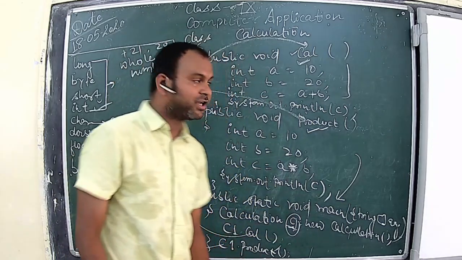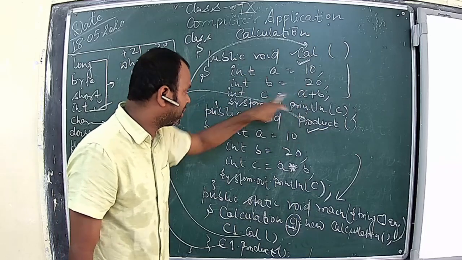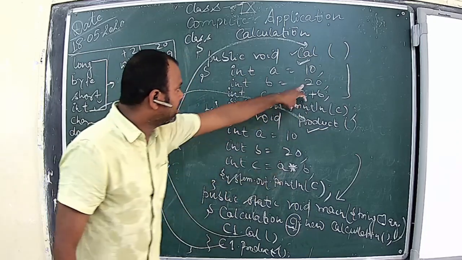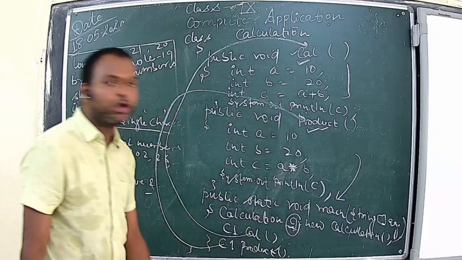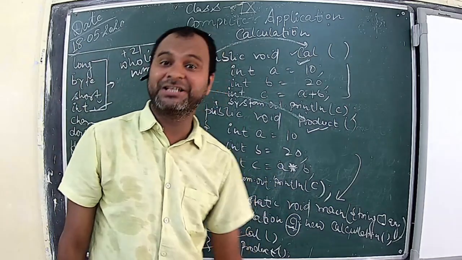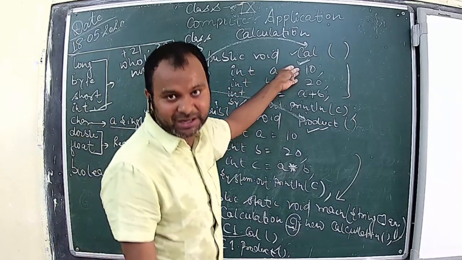So you will get the result. The result for the first one would be the addition of two numbers, 30, and here 10 into 20, it is 200. Clear? So this is how you can create objects from the existing class, and you can call the existing methods inside the class.